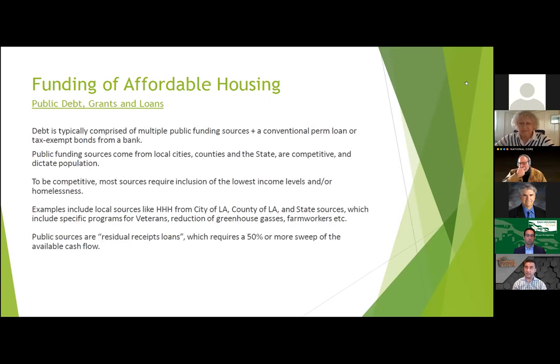Then we take what's left, what we call the available cash flow. And if you have multiple sources, it gets very interesting. If I have 4 different soft funding sources and every one of them wants to sweep 50% of the cash flow, mathematically it's 200%. And there comes the juggling on who's going to sweep what percentage, who gets what priority, and again, all those complexities.